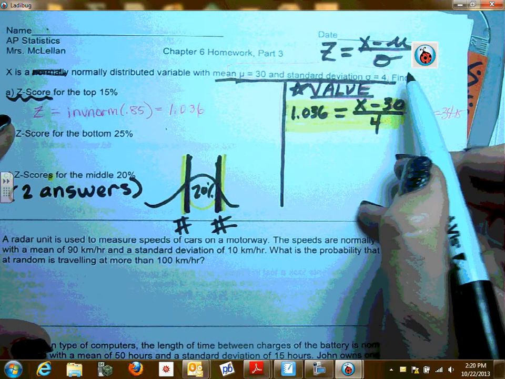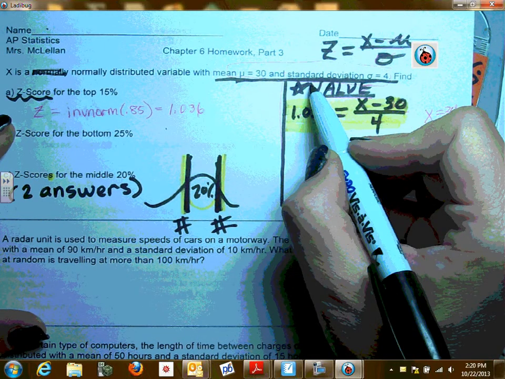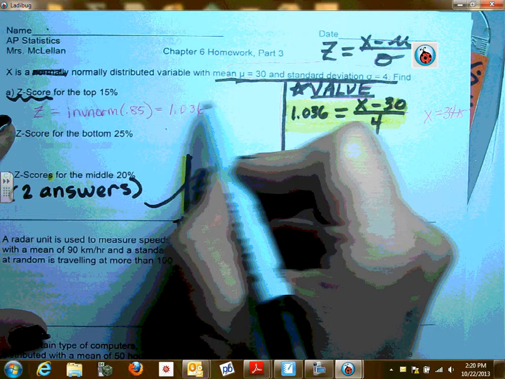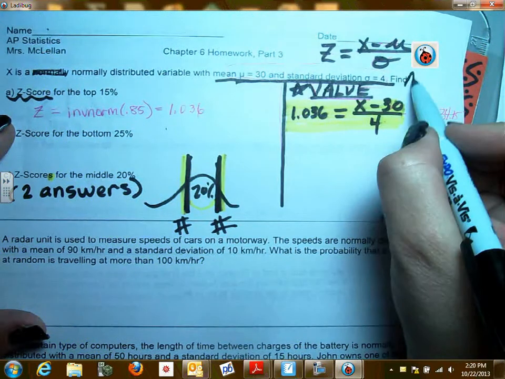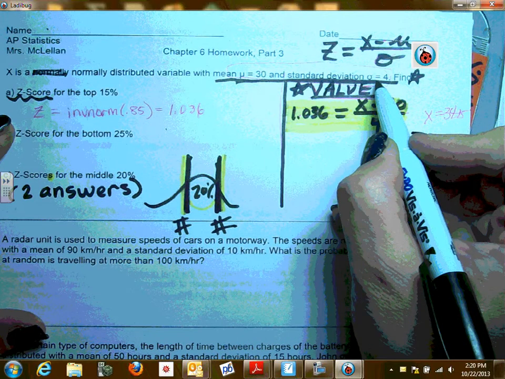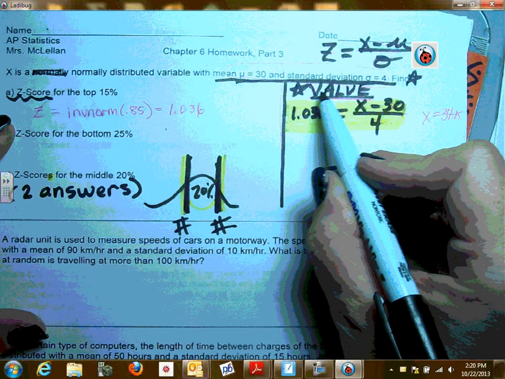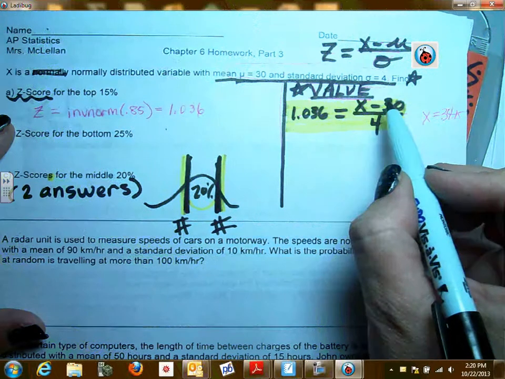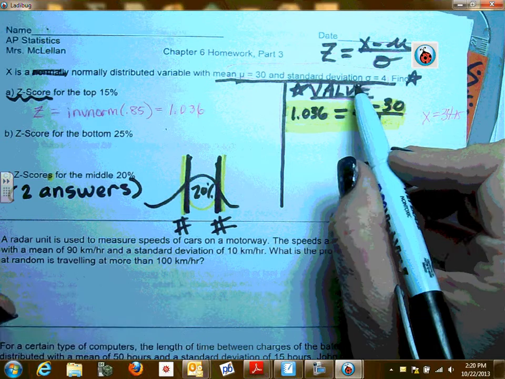It's left off instruction-wise that I do want you to translate this z-score into the value related to a mean of 30 and a standard deviation of 4. Okay? So go ahead and translate it into the x value.